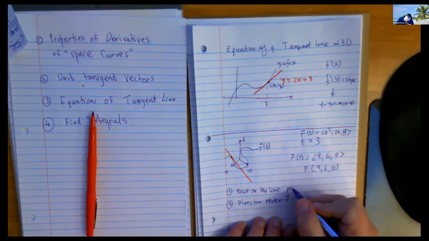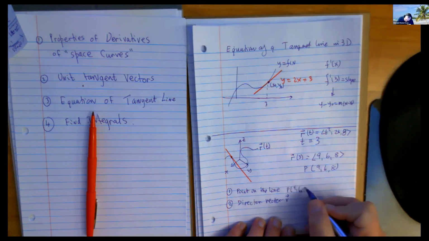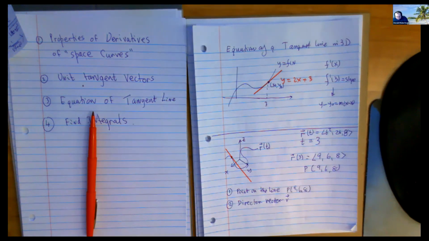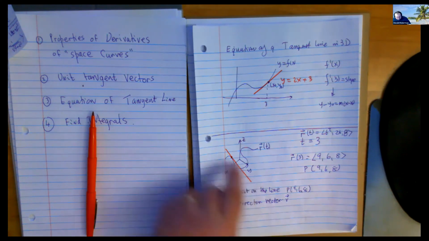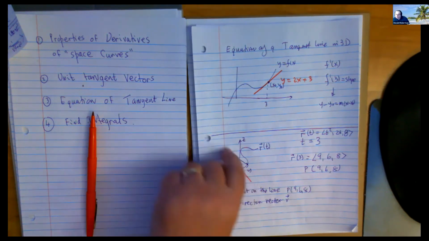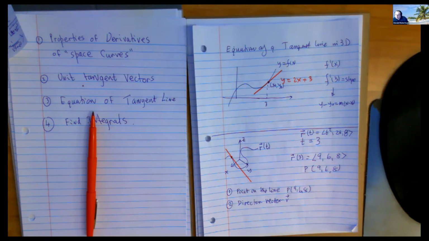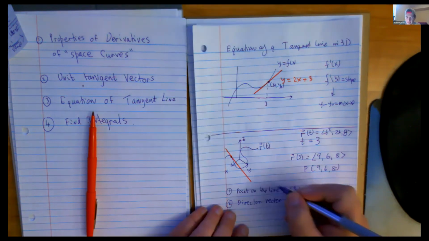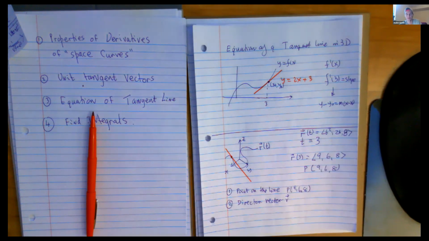So we're halfway there. How do you think I'm going to find the direction vector for this tangent line? If you take the derivative of it, isn't that just giving you the instantaneous velocity? Right, which is essentially the direction vector in the context of this question.